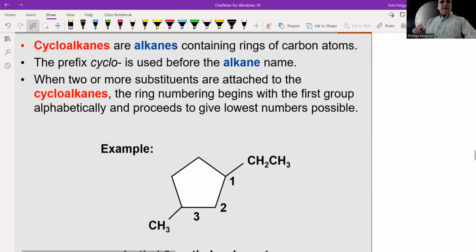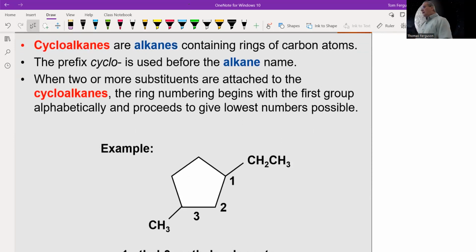Okay, so whenever we talk about naming cycloalkanes, that's going to be the backbone. So as soon as you have a cyclic in there, that automatically determines backbone.